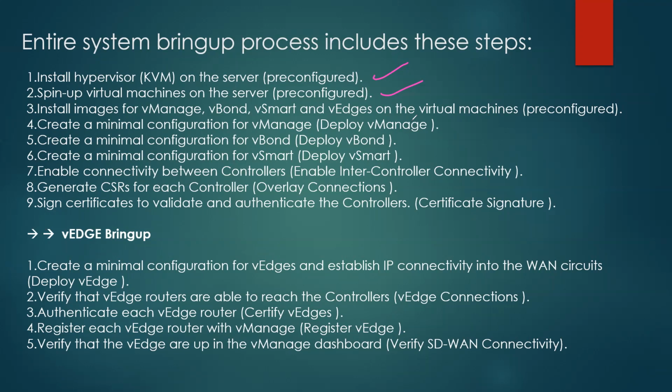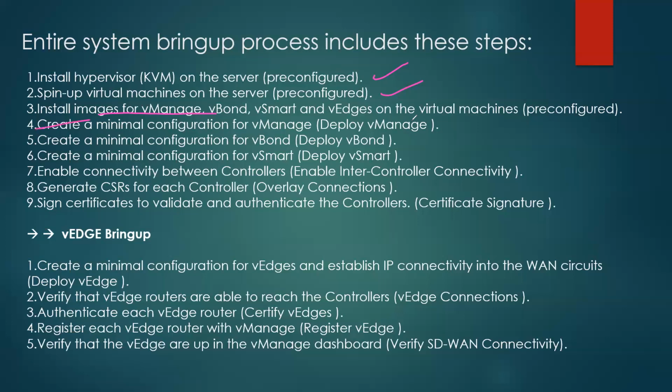Once that image is imported inside the VMware Workstation, we need some minimum configuration. In that, you need system-wide minimum configuration and then VPN-wide minimum configuration. Correct?